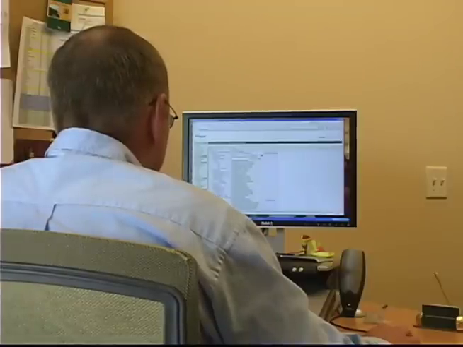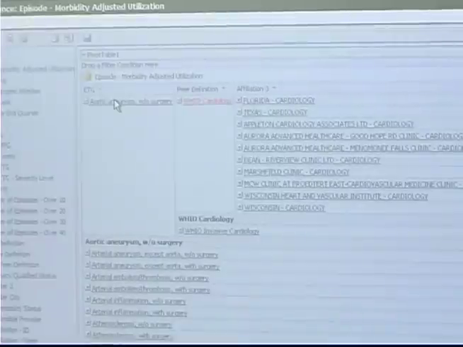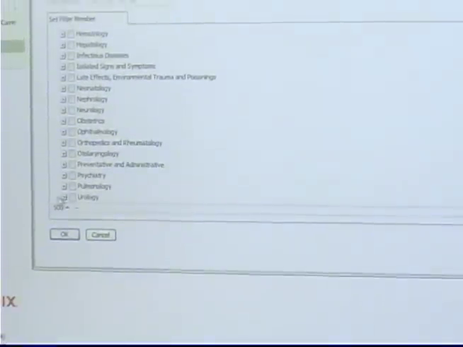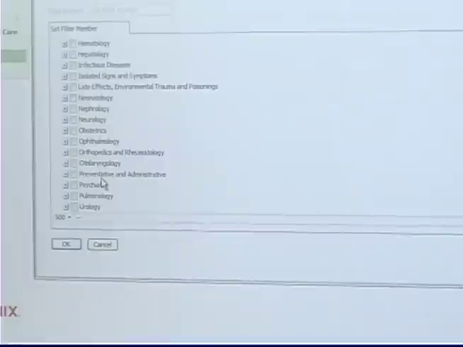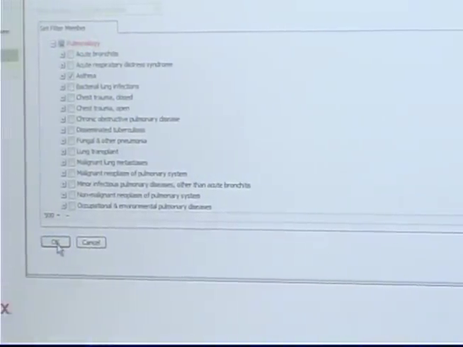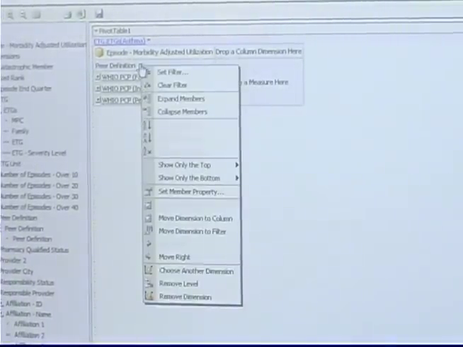All right, once we have our dimensions defined, we need to set some filters. So for ETGs, we're going to limit to asthma ETGs. And there's asthma. Now we're going to define the types of physicians we want to look at.